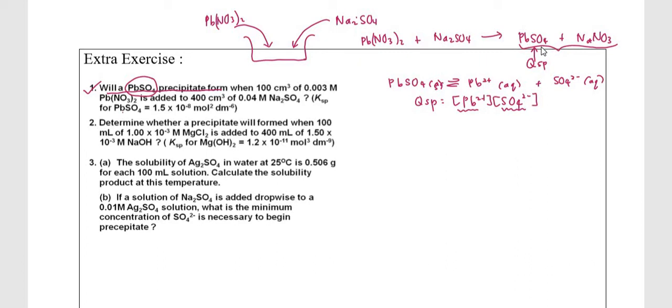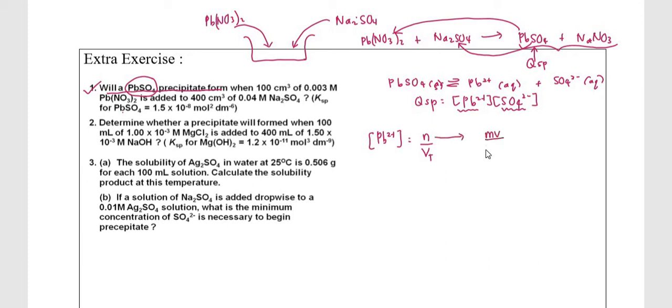So, if you want to find the concentration of Pb2+ here, it comes from this solution. If you want to find the concentration of SO4 here, you must refer to this solution. So, to find the concentration of Pb2+, it must be mole over total volume. How do you get the mole here?